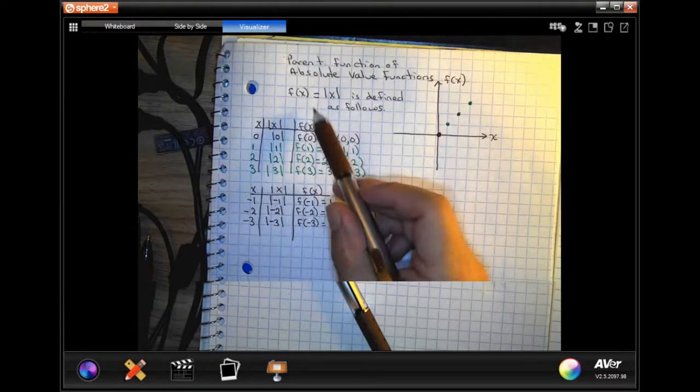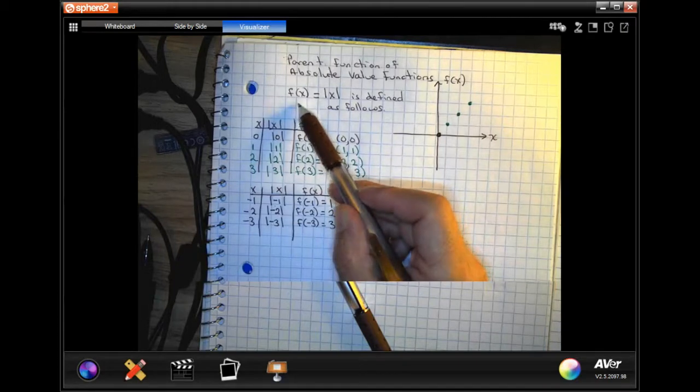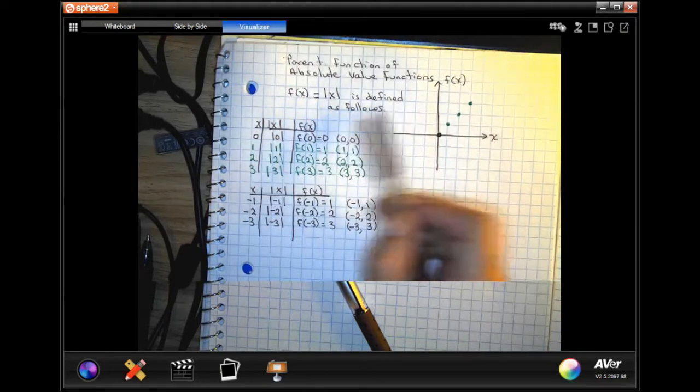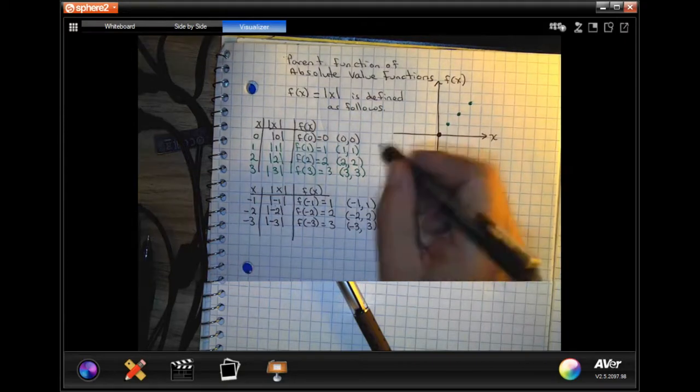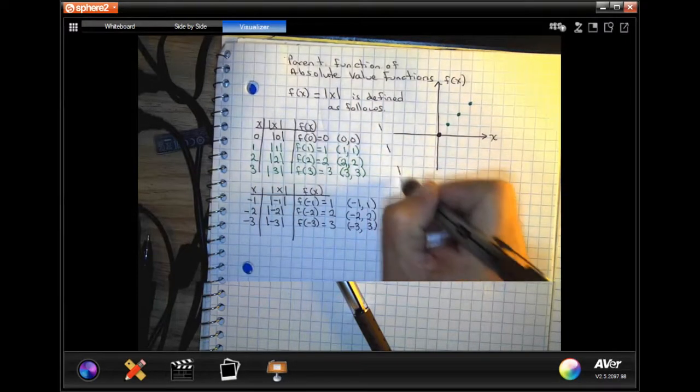So as we were talking at the beginning, the f of x is equal to the absolute value of x, defined as follows. We're going to define it as a piecewise function.